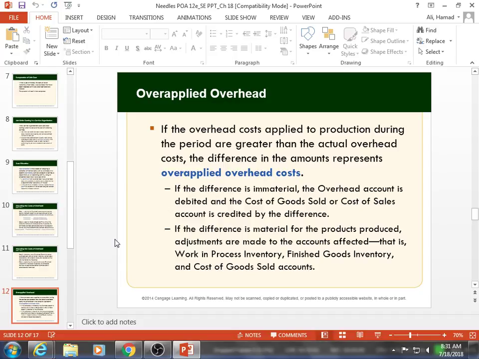That means you credit cost of goods sold. But if it is material, too much, you've got to go back. Where was that? Is it in work in process? Is it in finished goods inventory? And cost of goods sold. Those are the three that you have to look into.